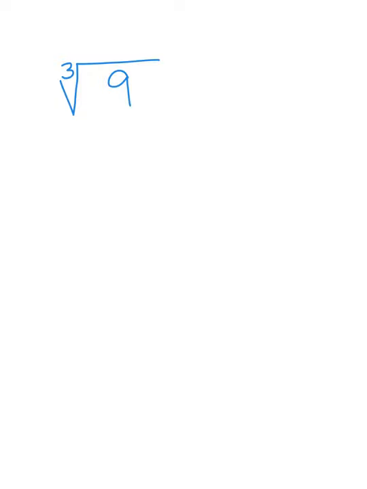But if you do have the third root, whether you punch it into your calculator or ask Alexa or Siri to help you on that, you will get 2.08008. Now this does not have a repeating pattern, and it does not end in 0, so this would be irrational.